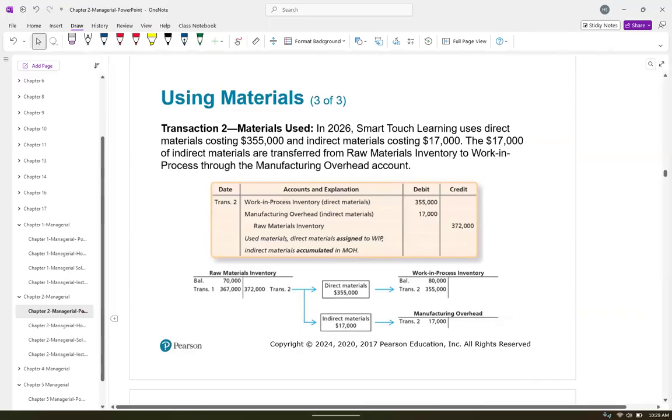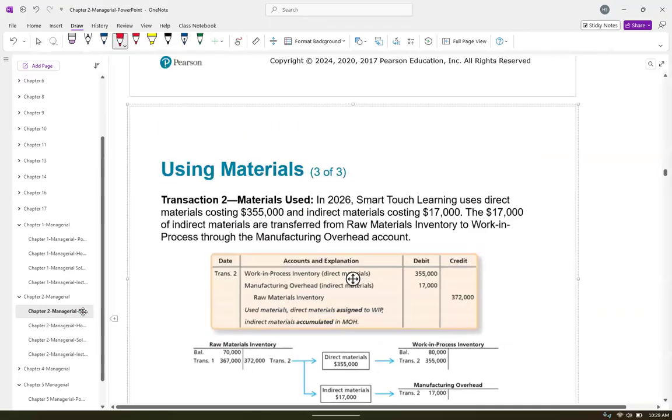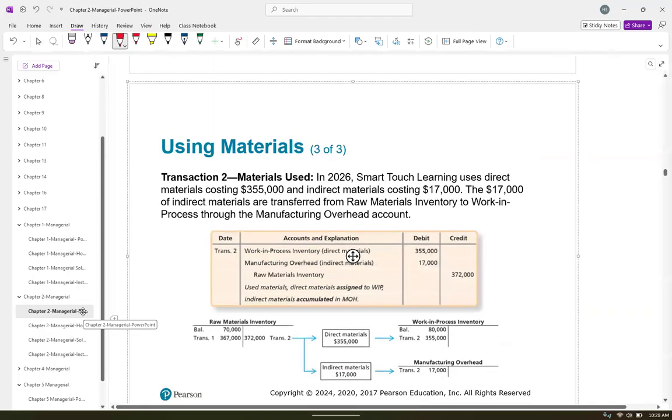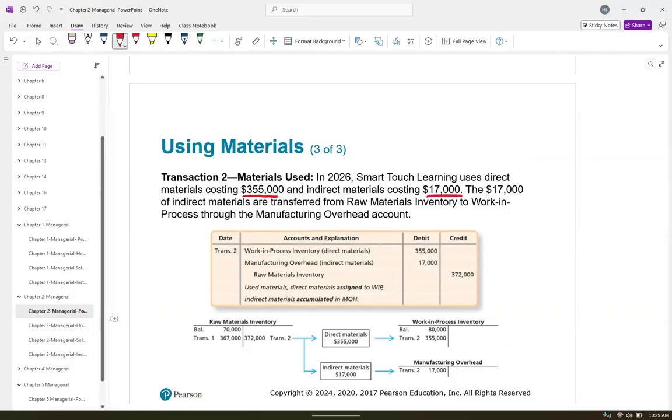They said in 2026, Smart Touch Learning uses direct materials of 355, indirect materials costing 17,000. The 17,000 of indirect materials is transferred from raw materials inventory to work in process through the manufacturing overhead account.